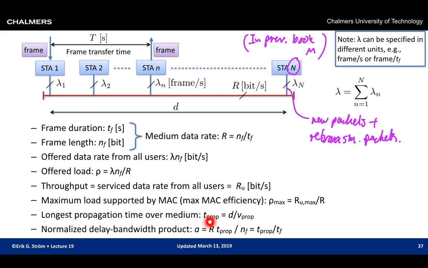Now, the longest propagation time of this medium depends on the length of the medium and the propagation speed of the medium. Once we have that, we can compute the normalized delay bandwidth product, which turns out to be a critical parameter in the efficiency of these schemes. I don't have time to go through all the equations here, but if you go back and look at Aloha and CSMA and these different schemes, there are efficiency calculation formulas for these.